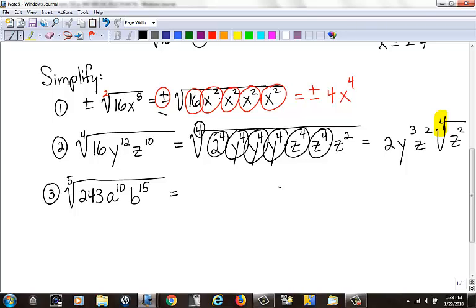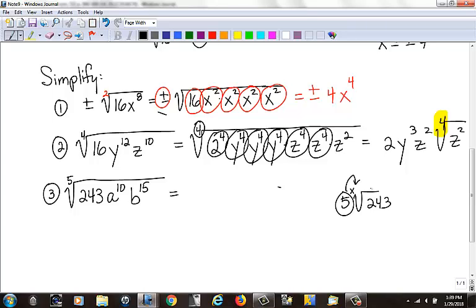When you write it like that on the calculator, it's going to go the xth root of 243, so it's going to put that 5 in for that x. So it's the 5th root of 243. You press enter. So 3.